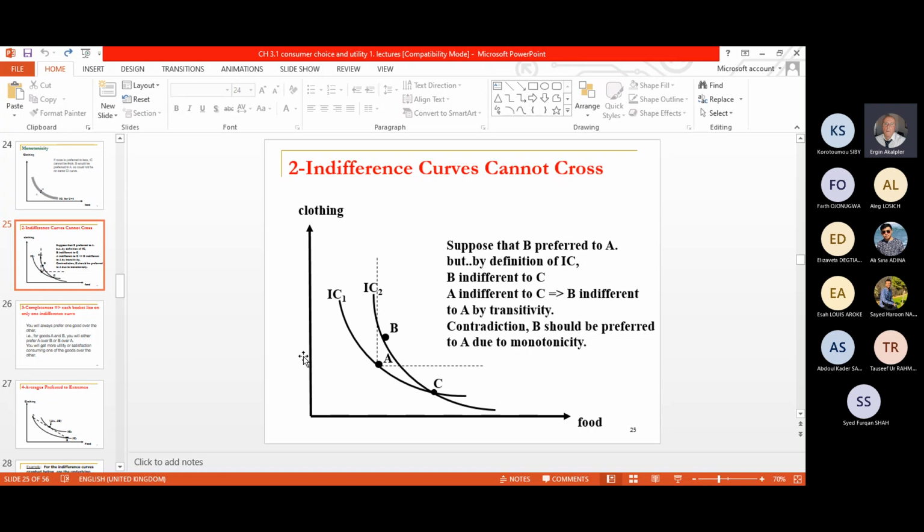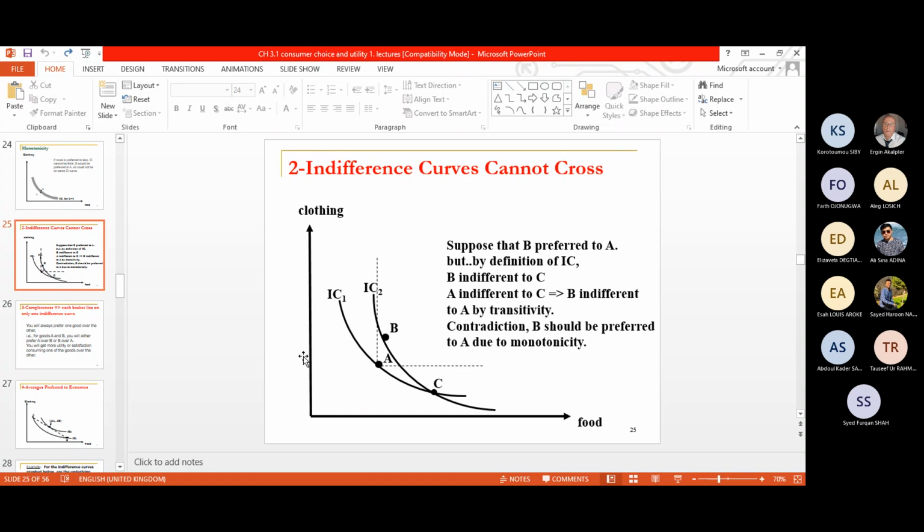This is not possible, because at indifference curve 1 and indifference curve 2 we show that there are better positions at indifference curve 2, but when you go to C you have both indifference curve 1 and indifference curve 2 combinations. This is not possible. It is a contradiction and it is not acceptable. Therefore, we said as a property that indifference curves cannot cross each other. Is that okay?